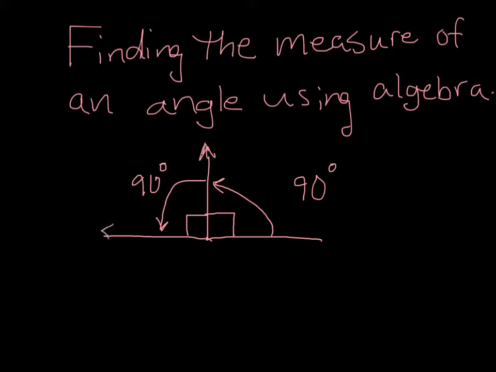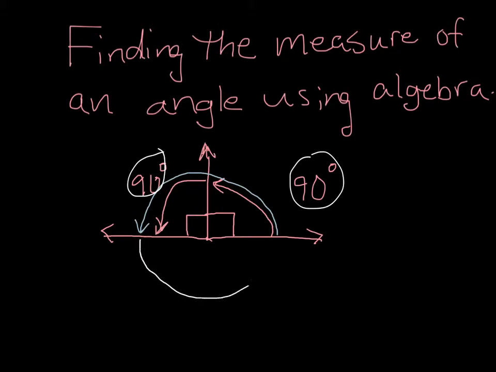Well, if now I were to ask you what the distance is from here all the way to here, what would you tell me? Well, hopefully you did 90 plus 90. So the distance of a half circle from here to here is 180 degrees.